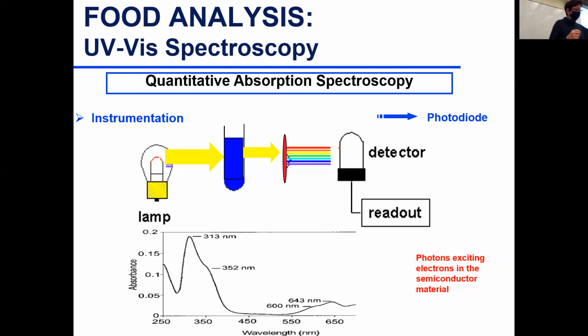So every wavelength with its energy is converted to electron and electric signal. That's why you see a response over the entire wavelength range, because all of the light hits the sample and samples are going to absorb at different wavelengths. The transmitted light is going to the photodiodes, each photodiode is going to convert a specific photon of light into electrical signal, and you get that spectra.